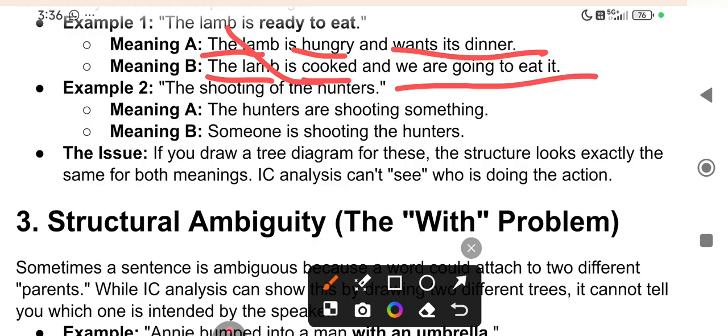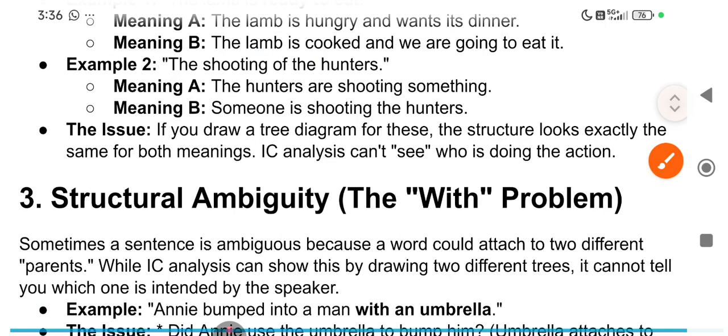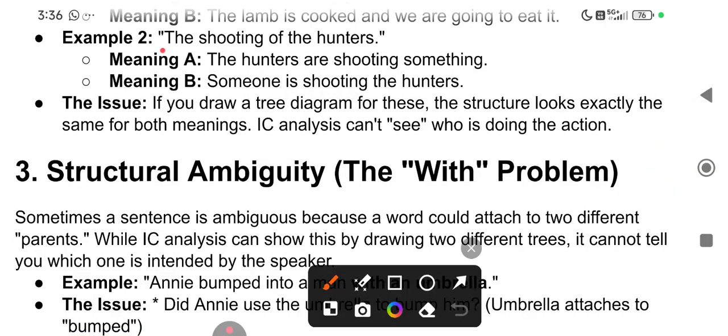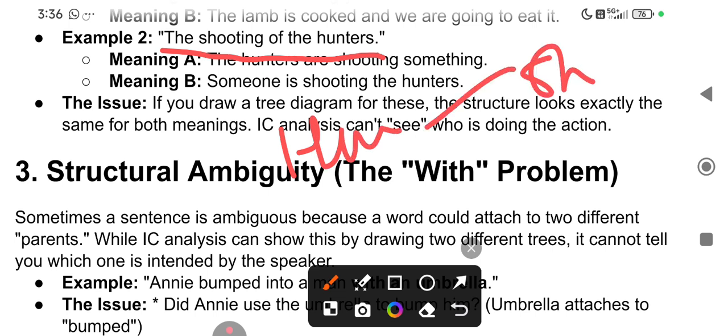Another example: the shooting of the hunters. So the hunters are the shooters, or someone is shooting the hunters. It is not clear.